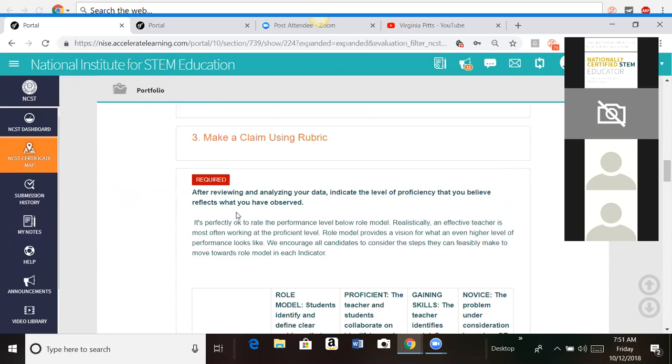So the time savings is because I'm only having to make 1 observation. The data is potentially the same for the 2, 3, or 4 indicators, but then I have to write an individual reflection for each of those indicators, correct?